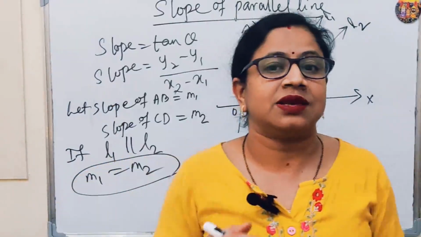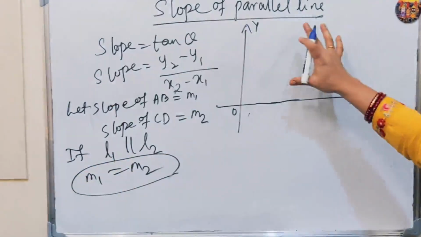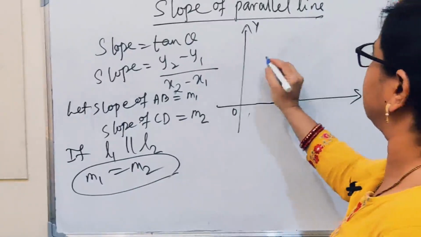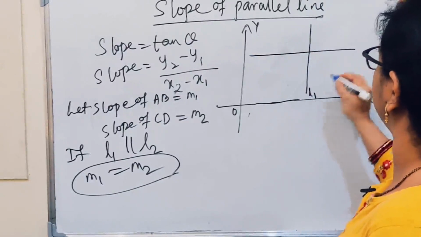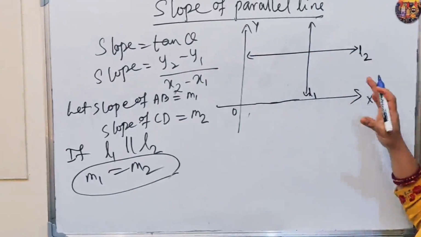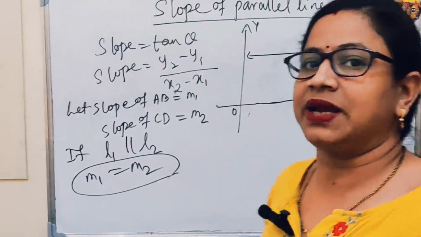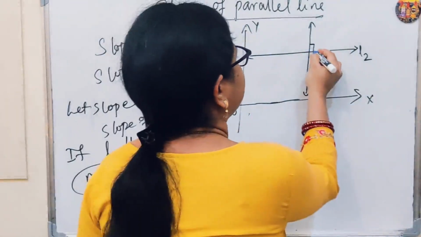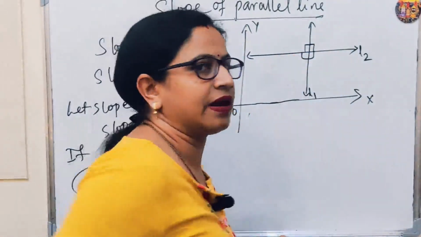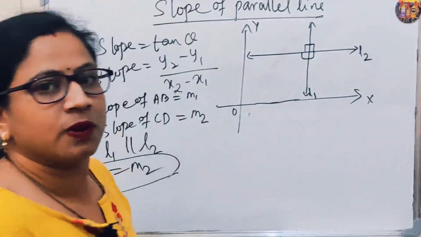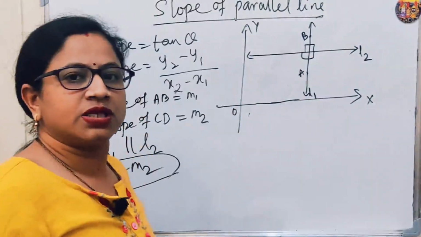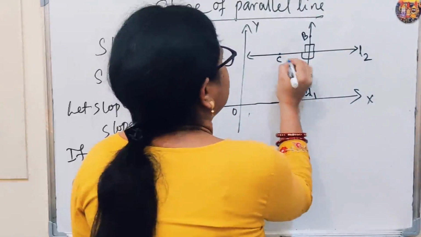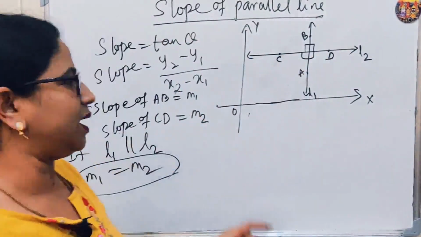What if the lines are perpendicular to each other? In the same Cartesian plane, if I draw one line here and one line here, let this be L1 and this be L2. These lines L1 and L2 are perpendicular to each other, a 90 degree angle is formed between them. Then what happens to the slope of the lines? Again, points A and B are on L1 and C and D are on L2.